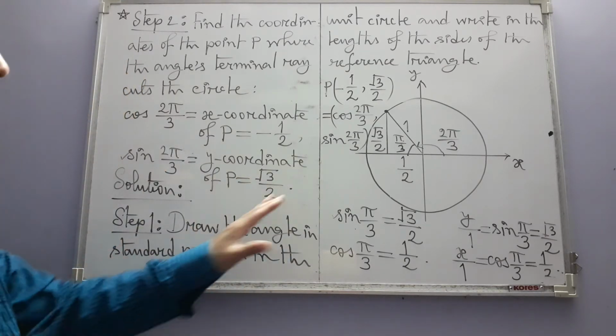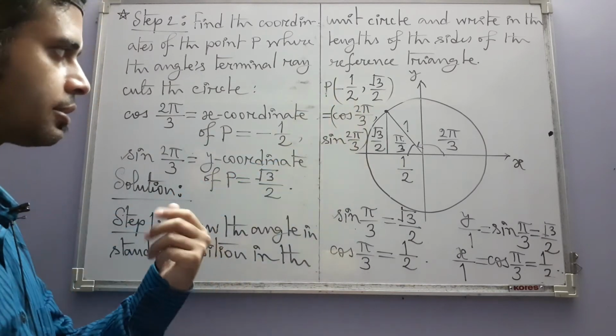So that's how you calculate cos 2 pi by 3 and sin 2 pi by 3.